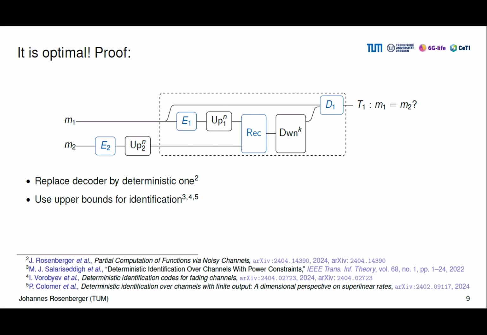Therefore, we can just use the identification upper bounds as upper bounds for this consensus testing. So in the Gaussian case, we get this 1/2 as an upper bound for our rate in the right scaling. For discrete channels, we just get this cardinality of Q, so of the alphabet, as in the deterministic identification setting.